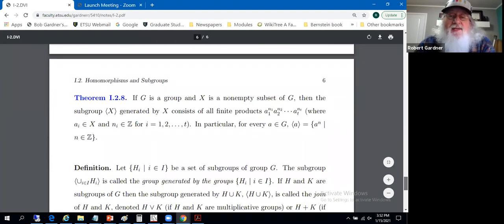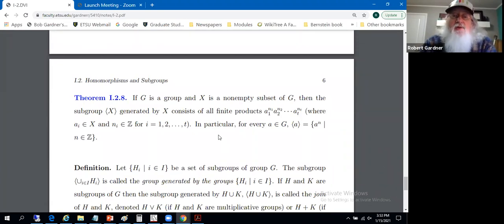Theorem 1.2.8 tells us what the elements of a group generated by a set of elements look like. What the elements of group G, when G is generated by set X, what those elements look like. The statement is, if G is a group and X is a non-empty subset of G, then the subgroup generated by that set of elements consists of all finite products.